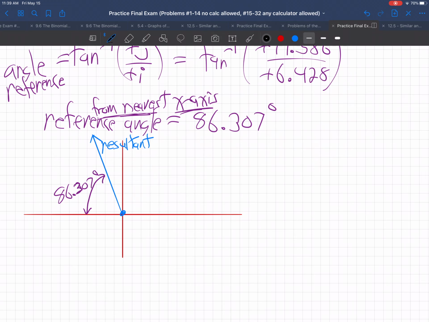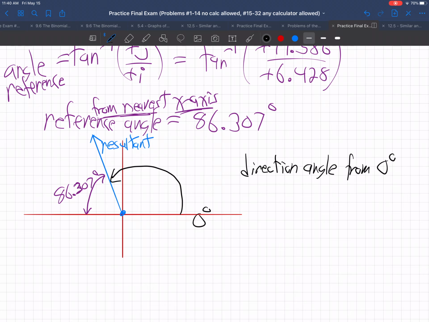Okay, so what? Well, I need to find the direction angle. That's what they're asking me for in this question. The direction angle, which means from 0 degrees. So from 0 to the resultant. Here's 0. This is the direction angle. So what's that going to be? Well, now you can see it, can't you? If we went all the way to here, that would be 180, and then we have to back up 86.307.